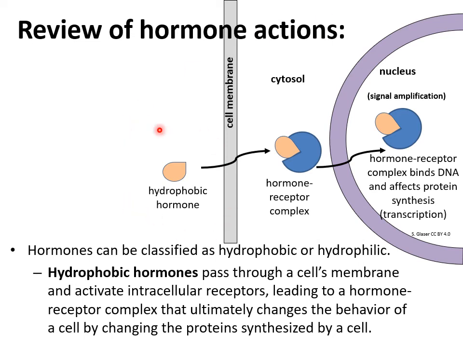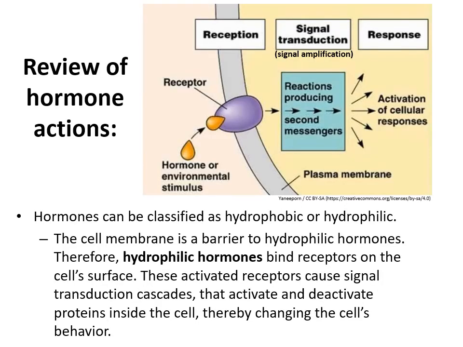Once again, hydrophobic hormones freely diffuse across a membrane but require a hormone receptor complex for movement across the watery cytoplasm, which will take it into the nucleus where it will directly interact with DNA. And for hydrophilic hormones, the barrier is the membrane.